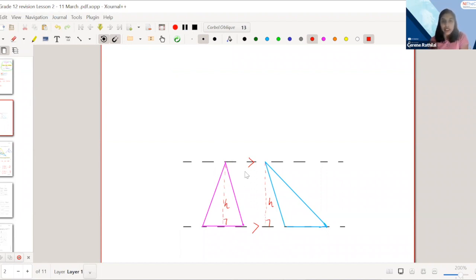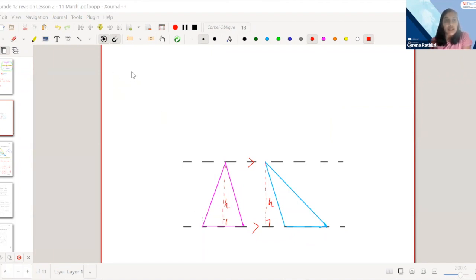So can you see that regardless of how these triangles were drawn, because the entire extent of these two triangles live in the two parallel lines, they will always have the same height, right? So does everybody agree that that is the case? That when these two triangles are drawn in this specific way, they live between two parallel lines, their height would be the same. So that's what we've got in there.